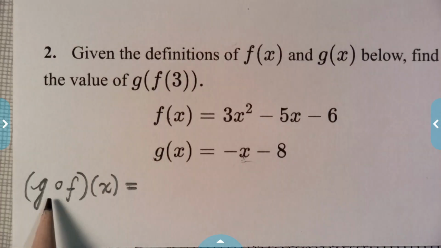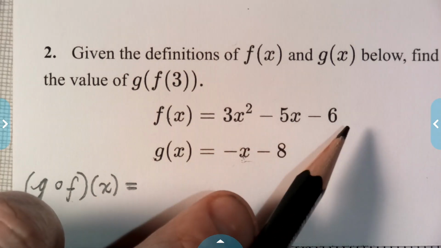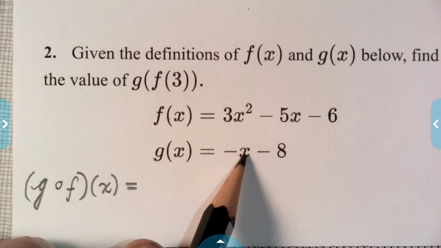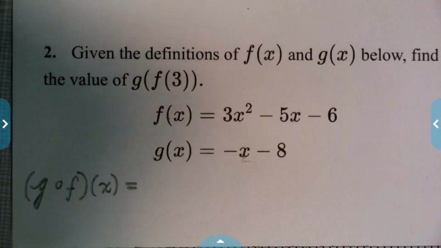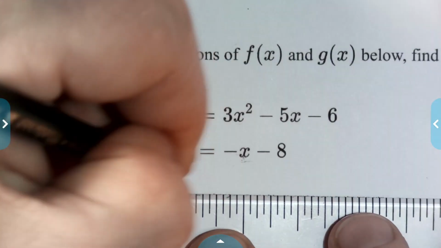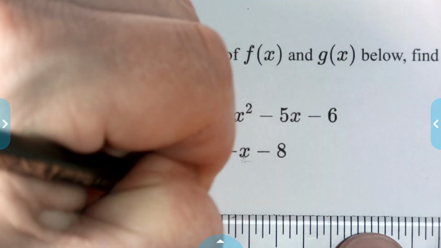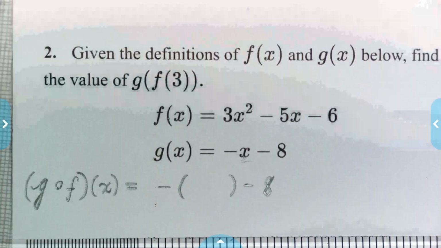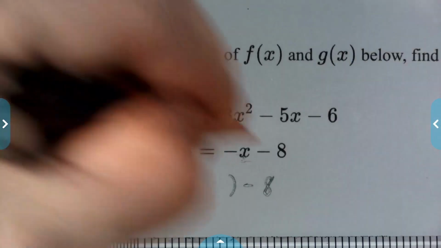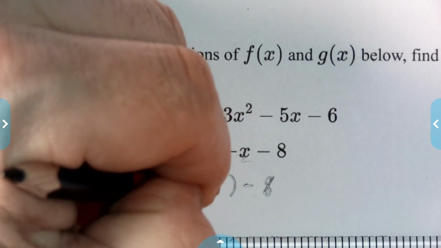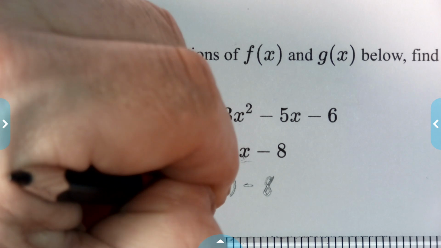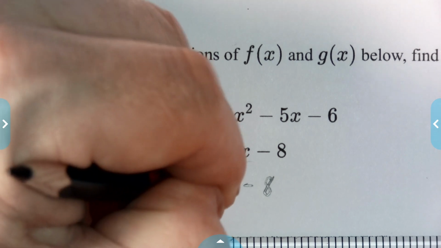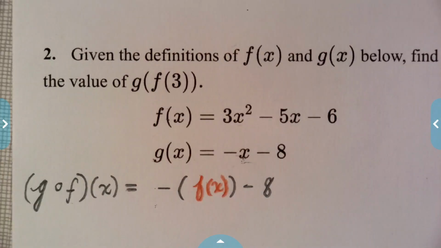Because I'm going to place this entire quadratic in where this x goes. But let me show you an intermediate step so you don't get confused. We have negative, open parentheses, close parentheses, minus 8. And what we're going to put in there is f of x, okay?